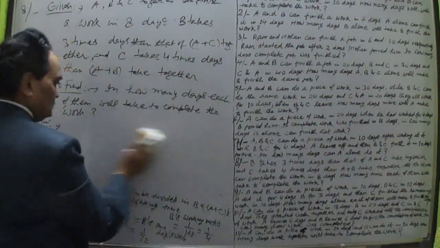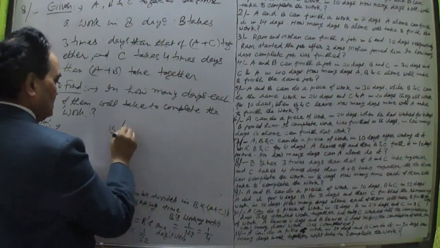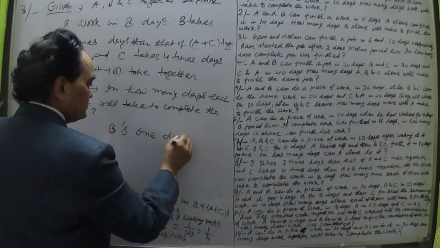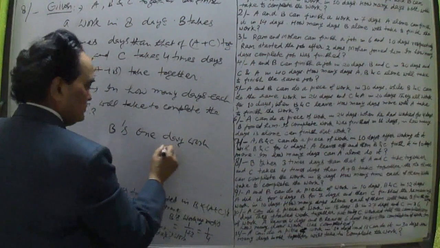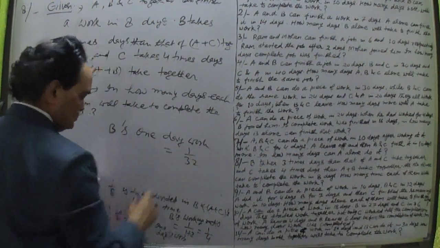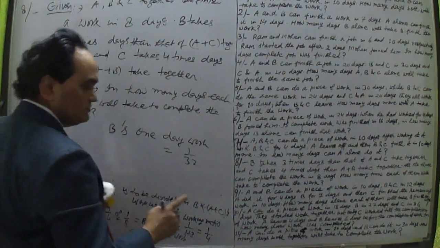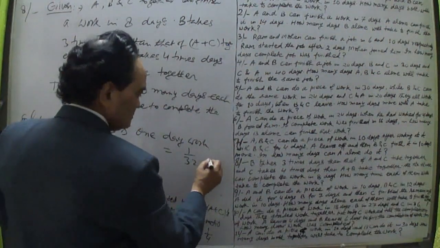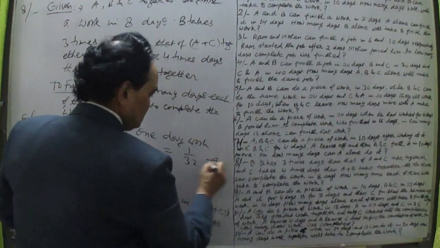Therefore, B's 1 day work is equal to 1 upon 32. 1 upon 4 into 1 upon 8, that means 8 into 4, 32. This is the second equation.